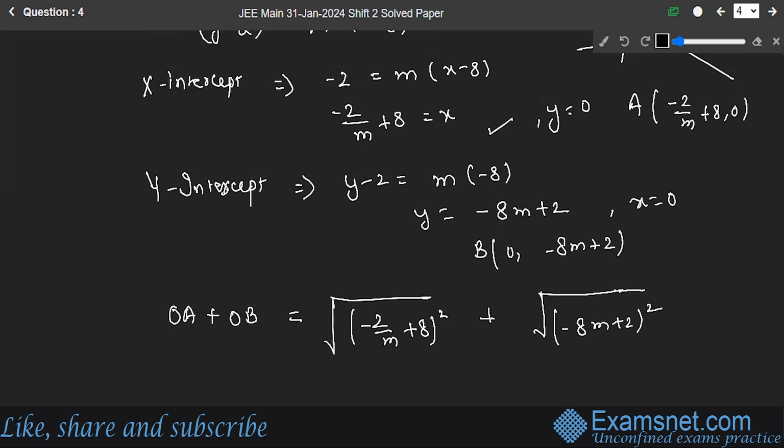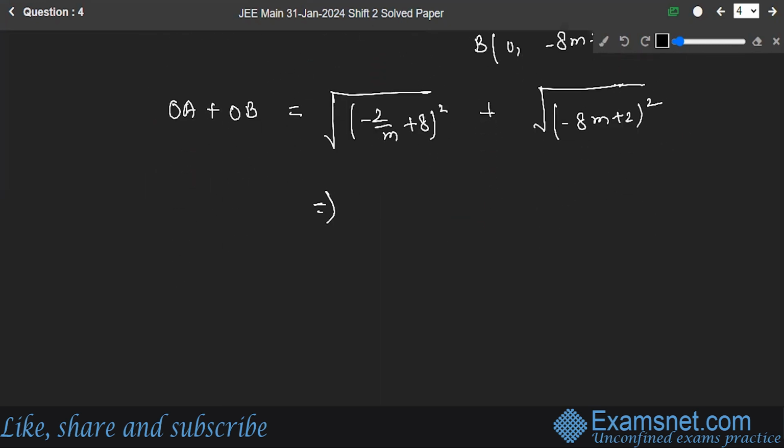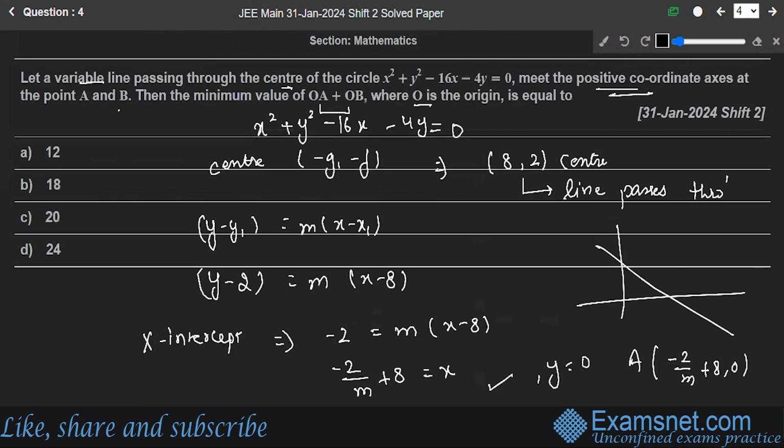Hope you can do this thing. So OA plus OB will be given by minus 2 upon m plus 8 plus minus 8m plus 2, or this will give me 10 minus 2 upon m minus 8m. Right? Now, for the minimum value of it, what do we need to do?